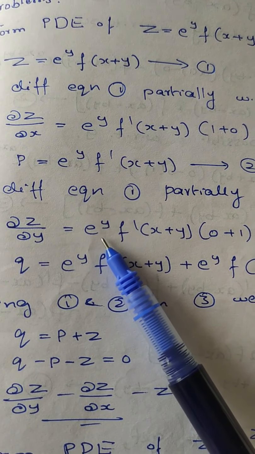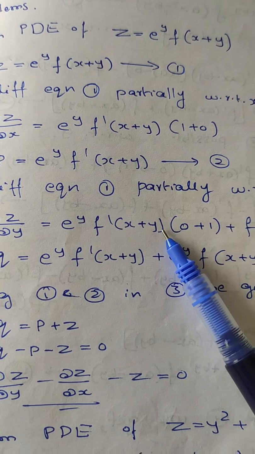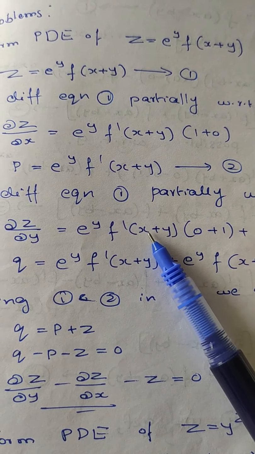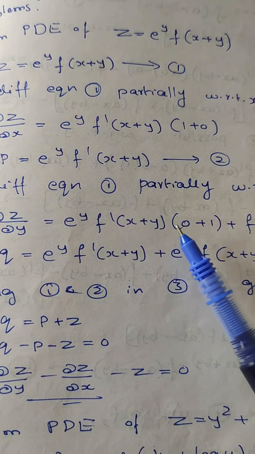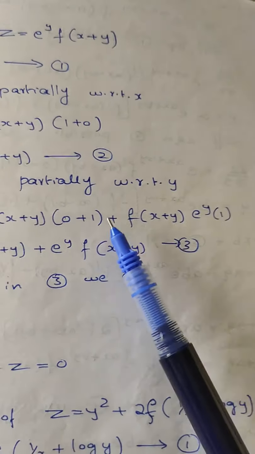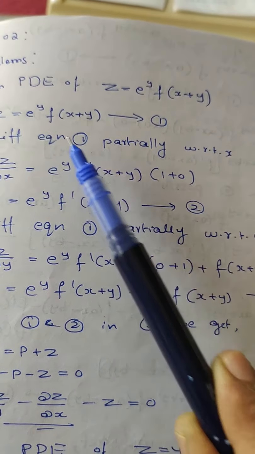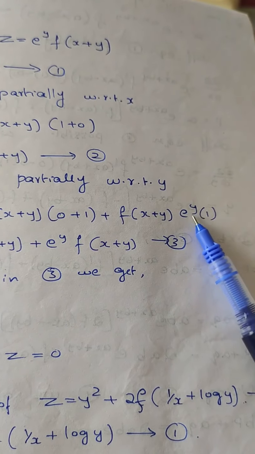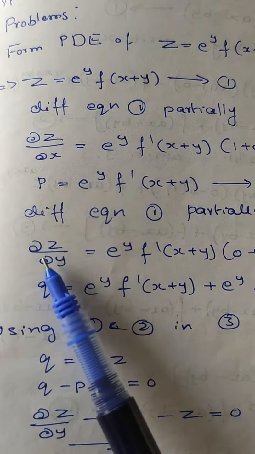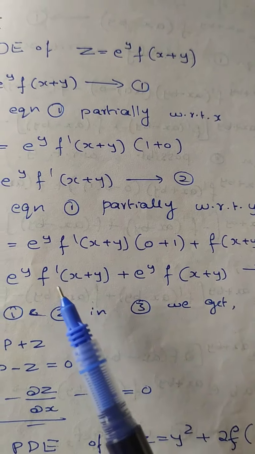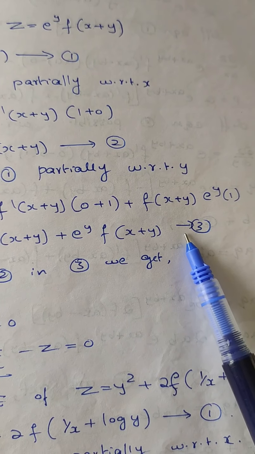First function, derivative of f of x plus y is f dash of x plus y into 0 plus 1, since x is constant and the derivative of y with respect to y is 1. Plus second function f of x plus y only into the derivative of e power y, which is e power y only. Now q becomes dou z by dou y, q is e power y f dash of x plus y plus e power y f of x plus y.